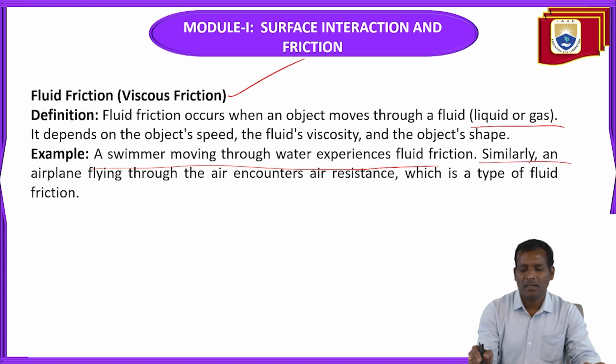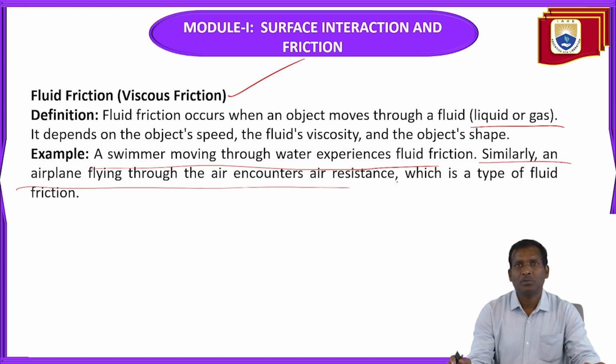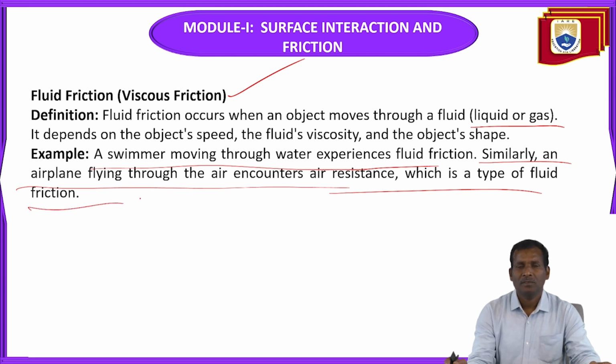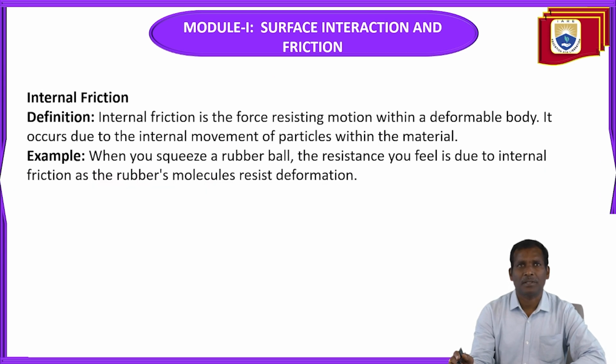Similarly, an airplane flying through the air encounters air resistance, which is a type of fluid friction. Whenever an object moves through a fluid, be it liquid or gas, the example comes under fluid friction.